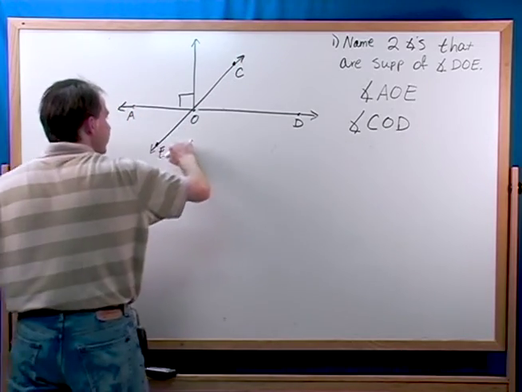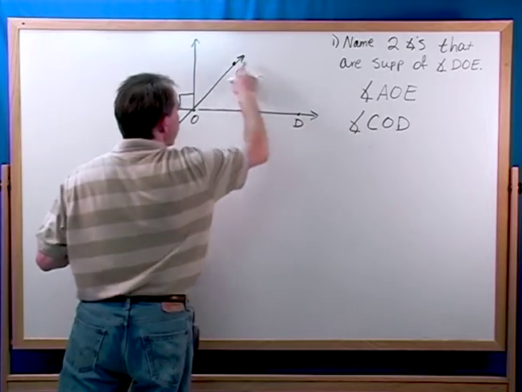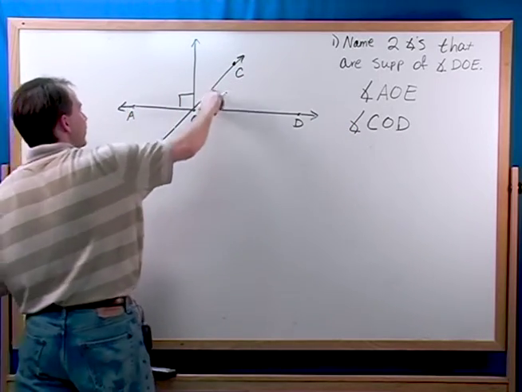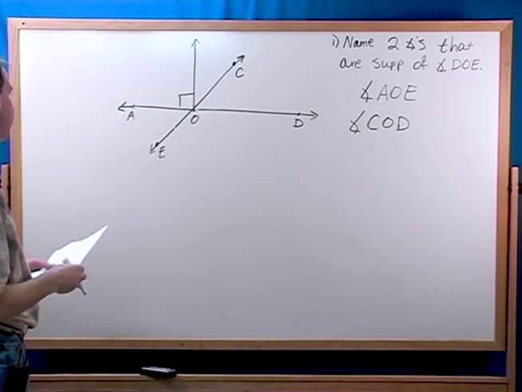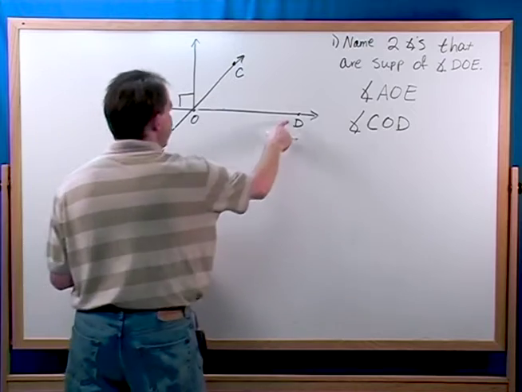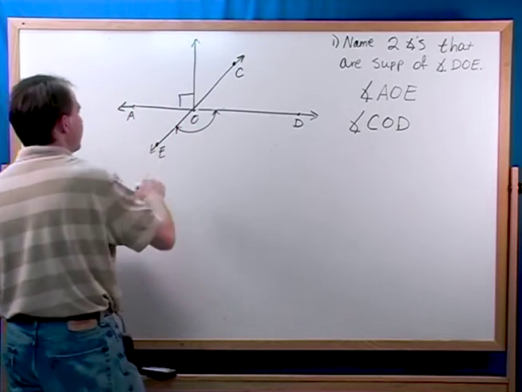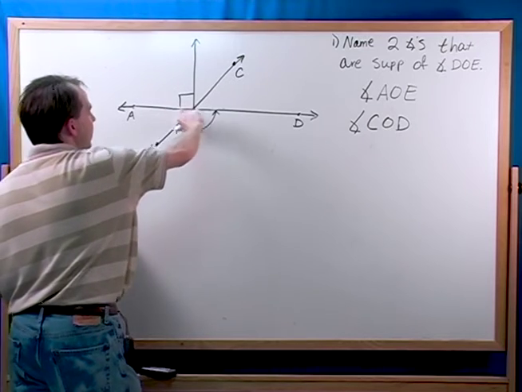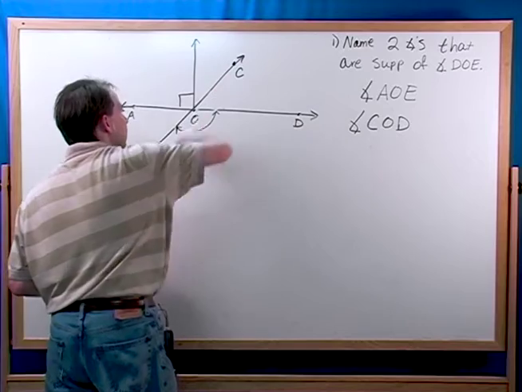So if this angle is added with this angle, COD, then you will get the 180 degrees that you need, because a straight angle is always equal to 180 degrees. So it's a little bit tricky. This is DOE, this angle here, and it's asking what are the supplements? This is a supplementary angle because when I add it, I get 180, and this is a supplementary angle because when I add it, I get 180.